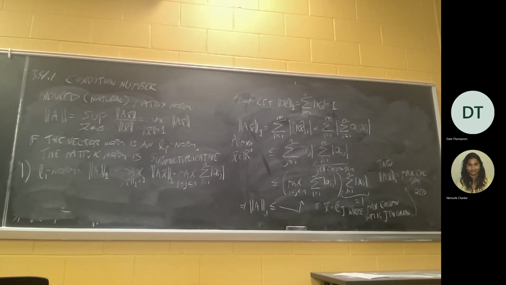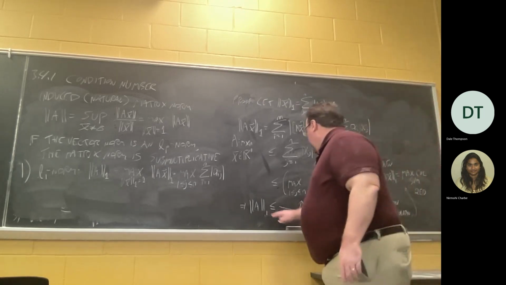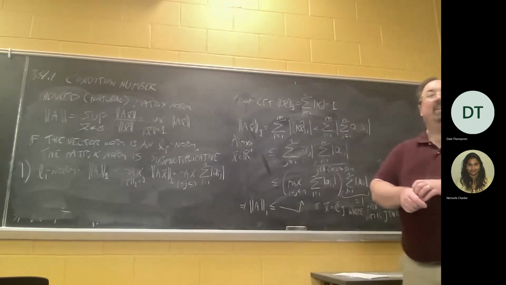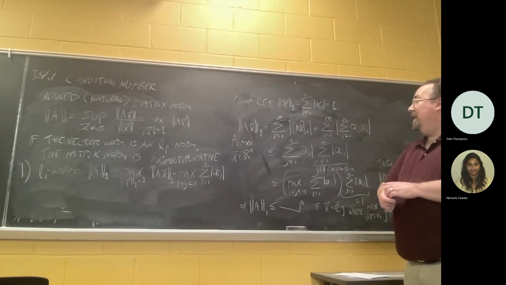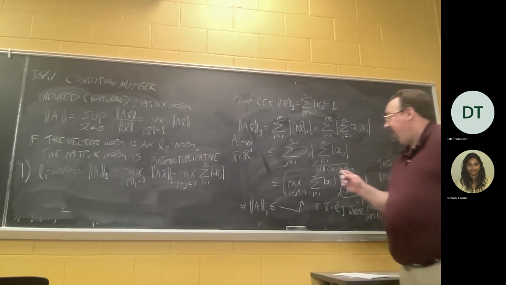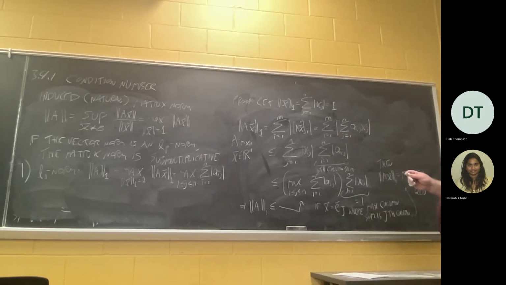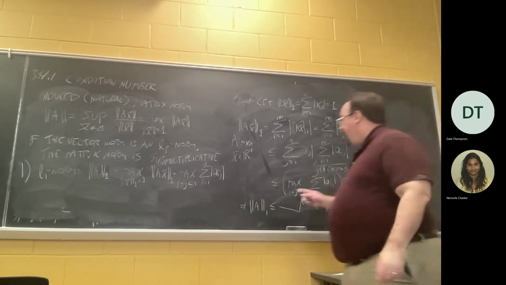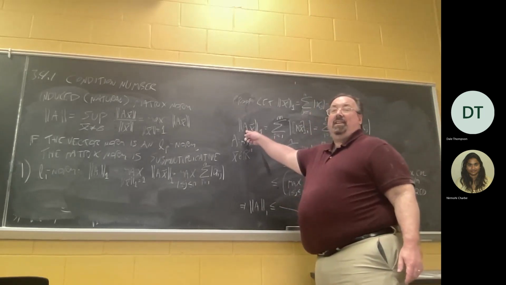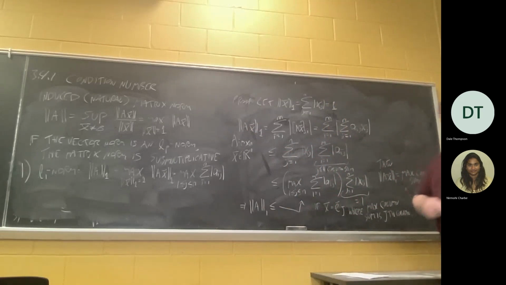Is that supposed to be the norm of A, or should it be norm of AX? Actually, it is correct, because certainly AX, but since norm of A is equal to the max of this, then yeah.